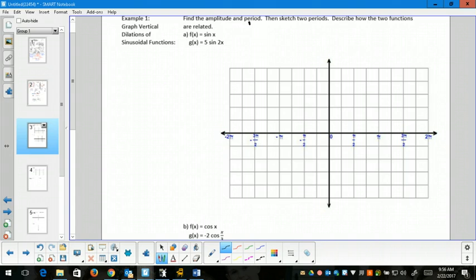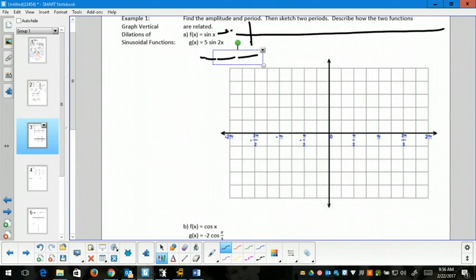So I'm actually going to make my table this way for this function of sine of x. 0, pi over 2, pi, 3 pi over 2, 2 pi. We'll just do the positive for now. And that was 0, 1, 0, negative 1, 0. That's sine.